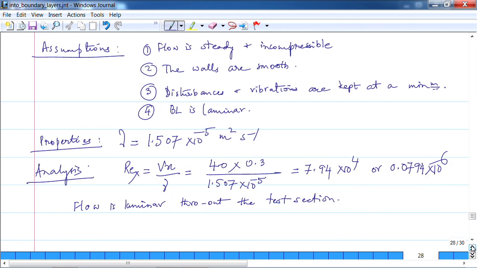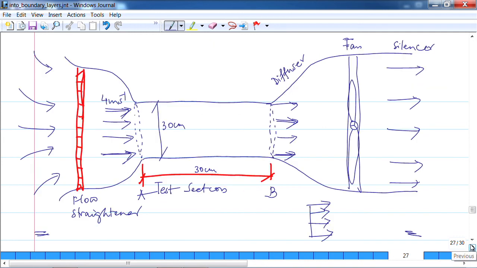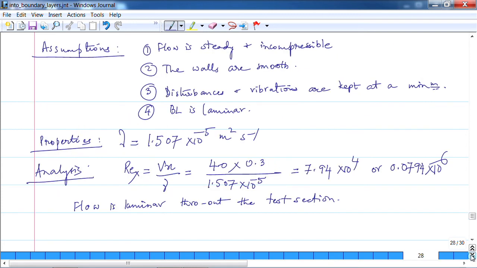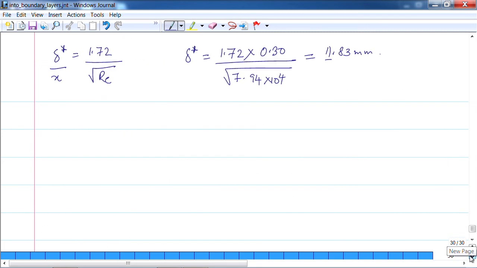Okay. Now, what we will do is look at the cross sectional view of both the entrance as well as the end of the test section. Why? So, for example, let me just go back here.